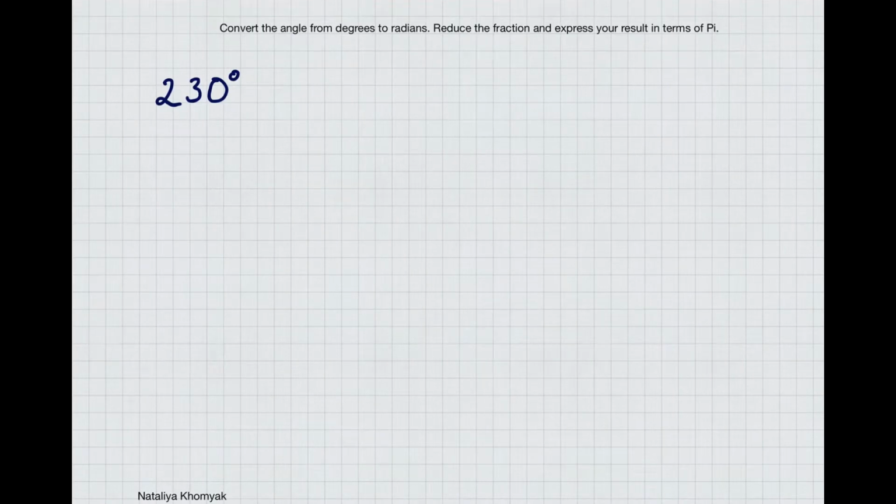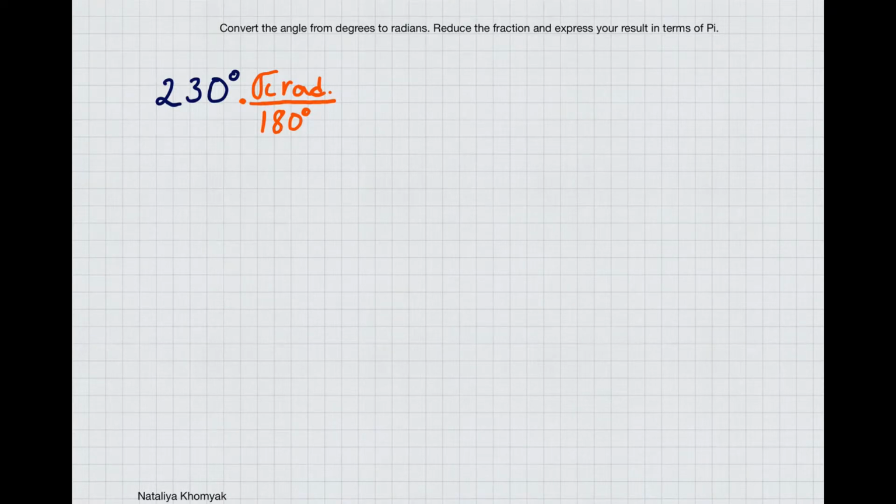Let's practice. Here we have to convert the angle from degrees to radians and reduce the fraction. So we have 230 degrees. We want to cancel out degrees, so I would put 180 degrees in denominator and pi radians in numerator.